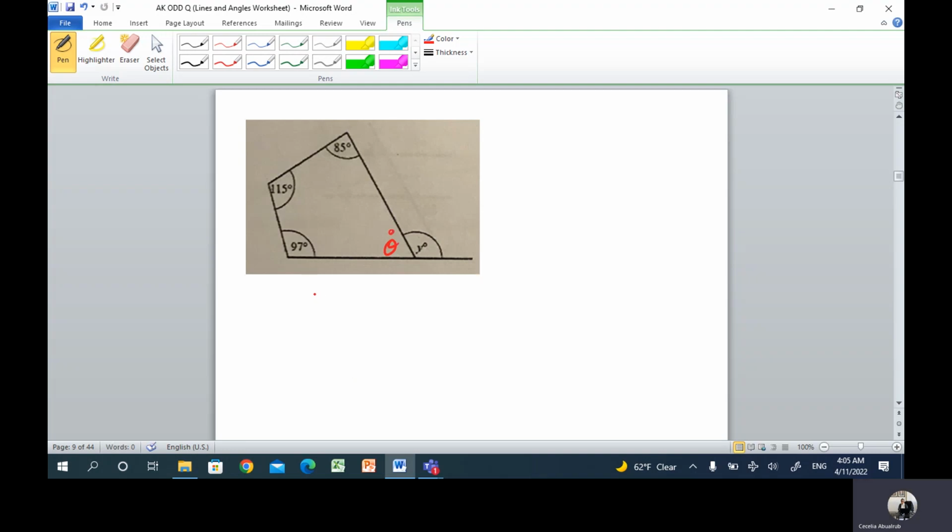And we're going to use the rule which states that the sum of the interior angles in a polygon is equal to the number of sides minus 2, times 180. This is a rule, the sum of the interior angles. So this is the polygon.